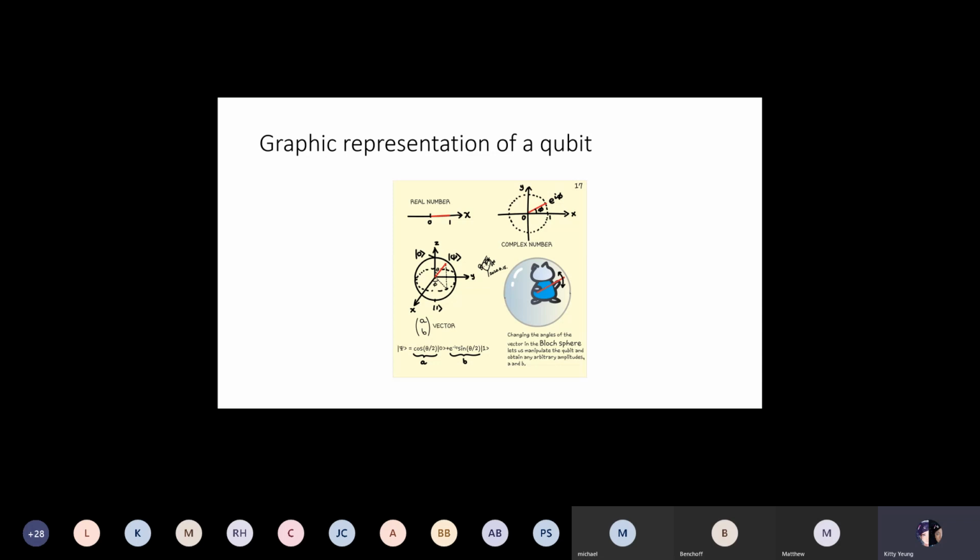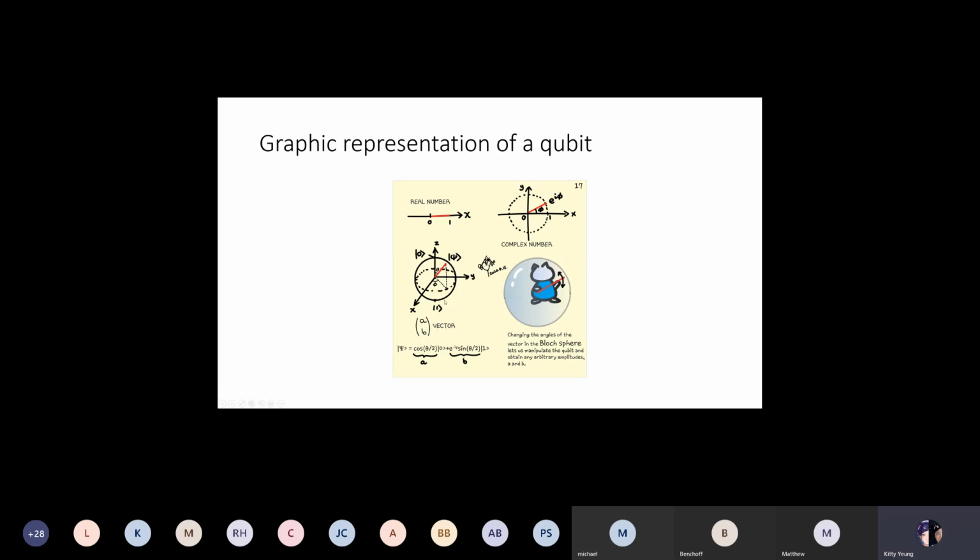Since it's a vector, we can represent it in 3-dimensional space. It has a length, unit length, and you can draw any point on this sphere to figure out what A and B are.